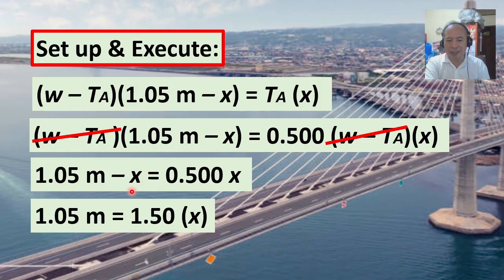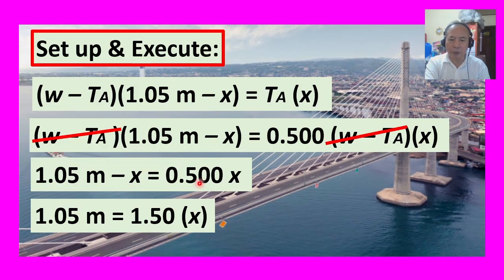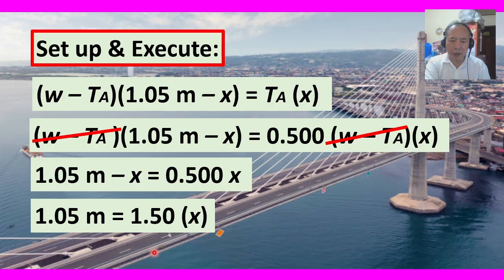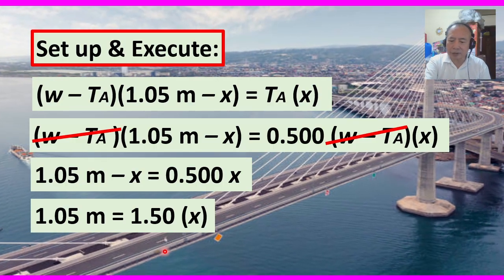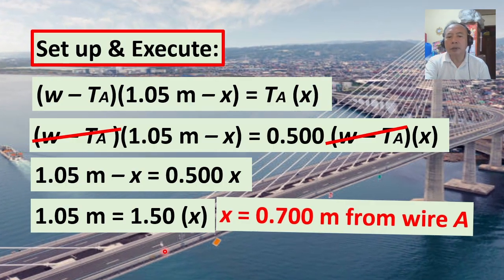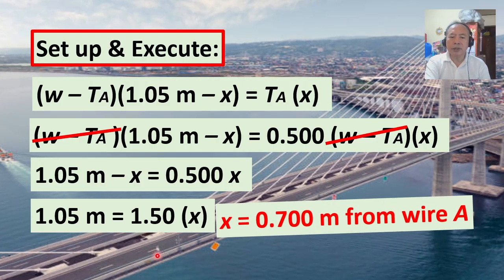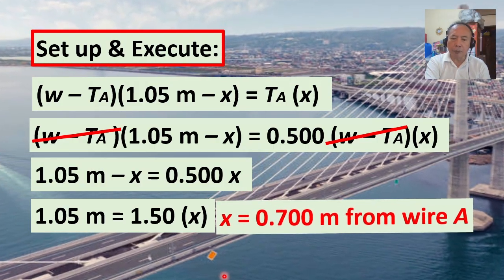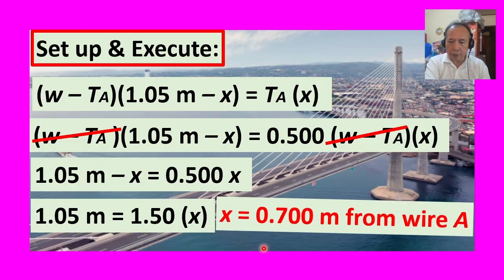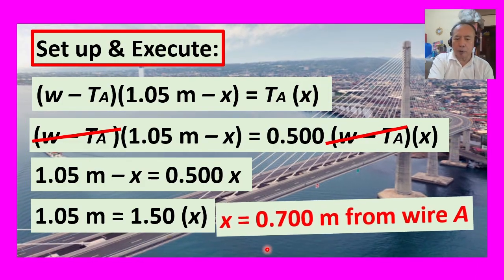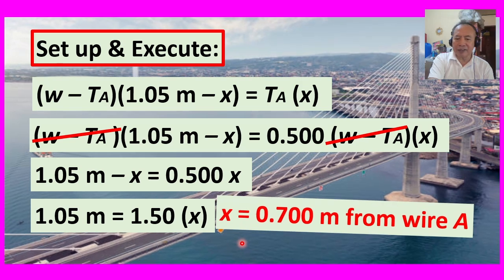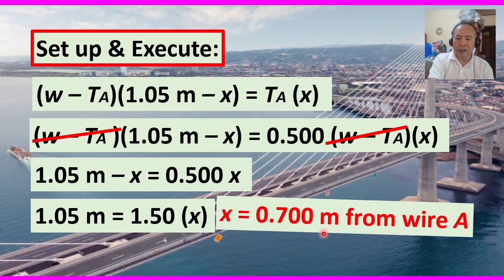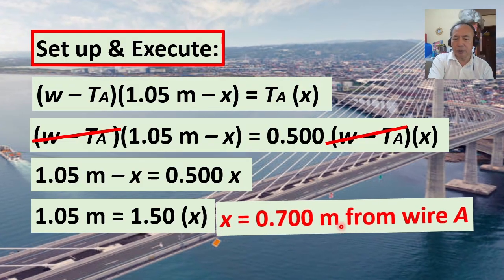We just transpose negative x to the right side of the equation. So it's now clear that the value of x is just equal to 1.05 meter divided by 1.50. Doing our math, we get the value for x, which is 0.700 meters in three significant figures.